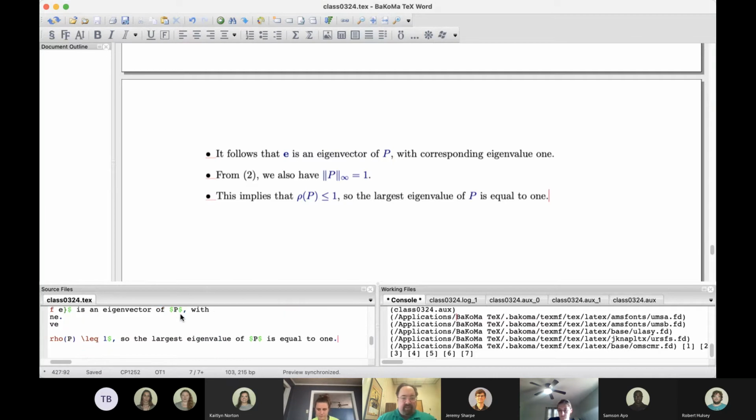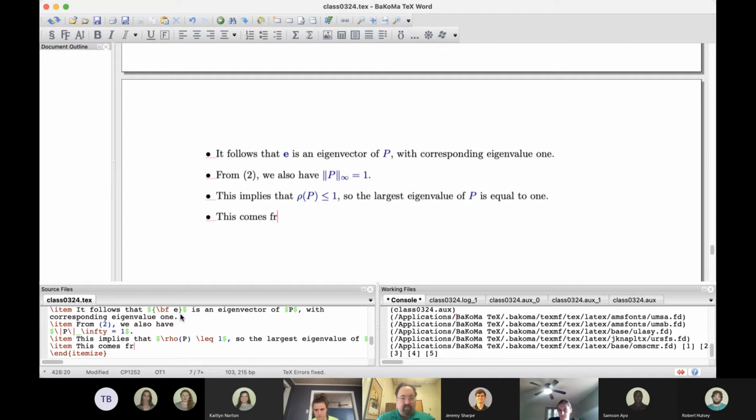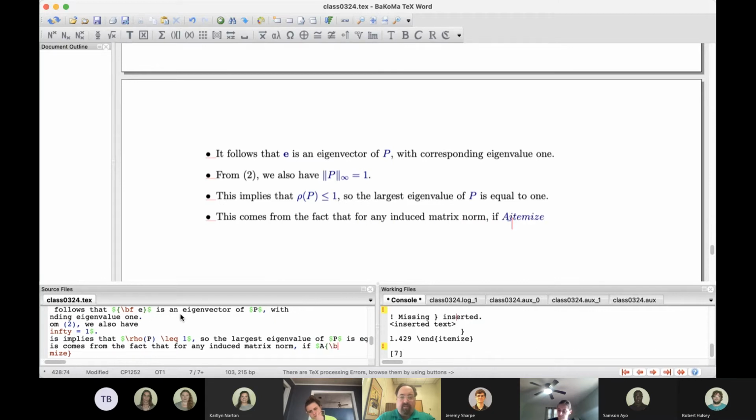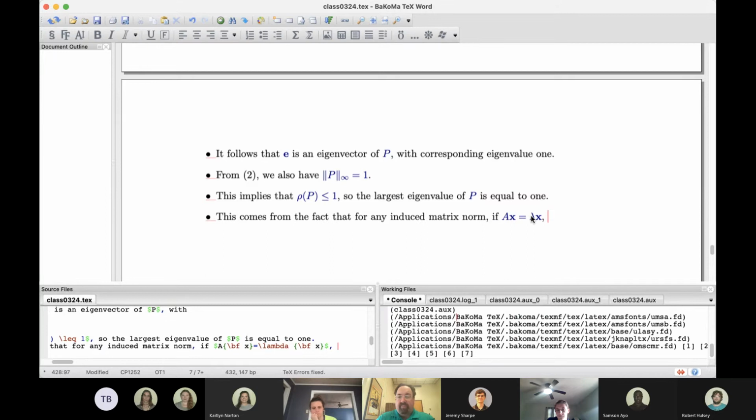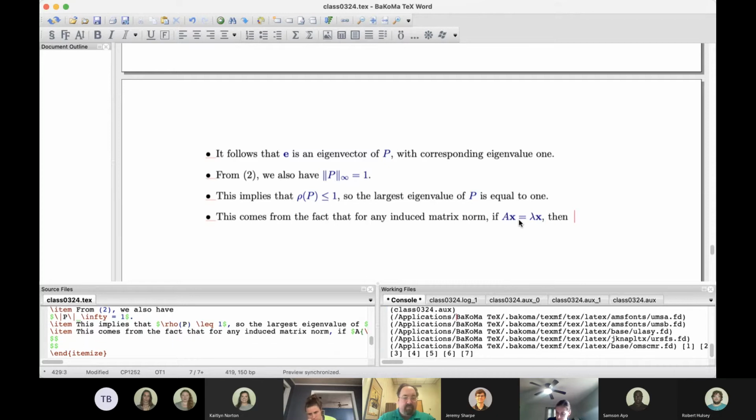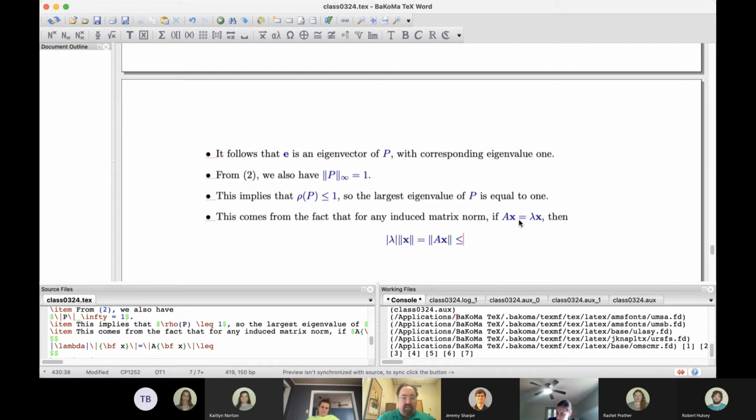I don't really remember covering this. For any natural or induced matrix norm, if you have Ax equals lambda x, where x is an eigenvector and lambda is an eigenvalue, then I have the following: the norm of Ax, which is equal to the absolute value of lambda times the norm of x, is less than or equal to the norm of A times the norm of x.